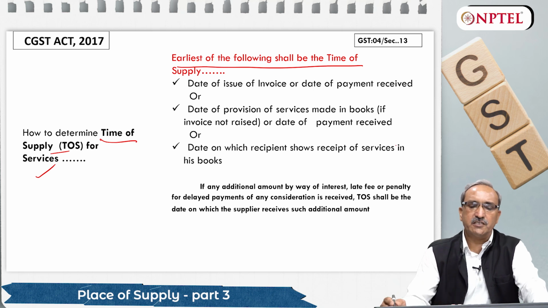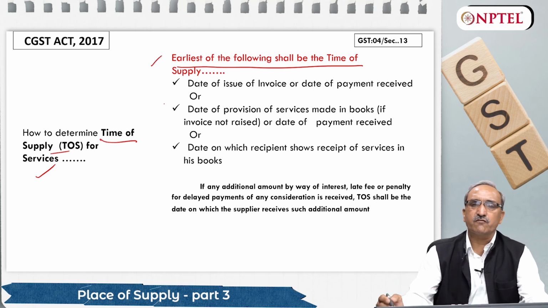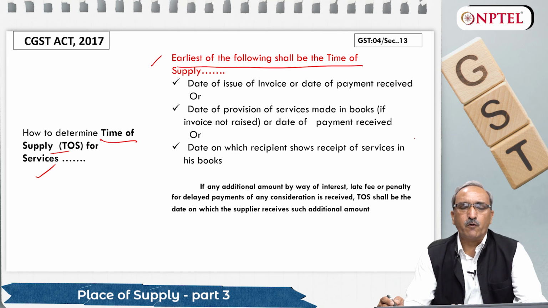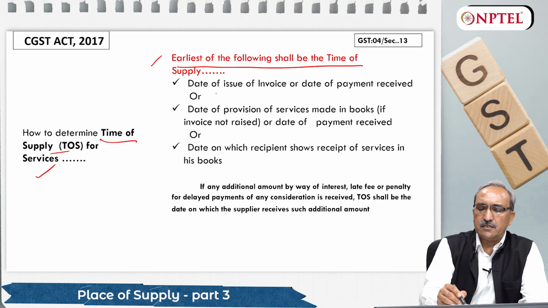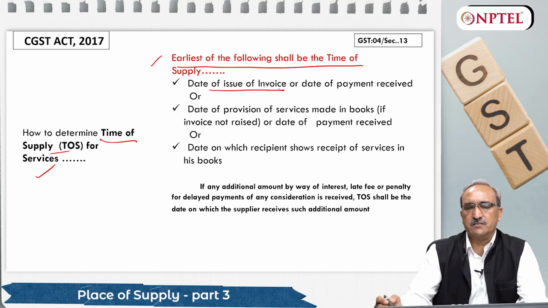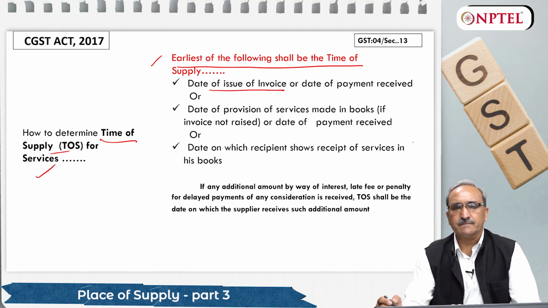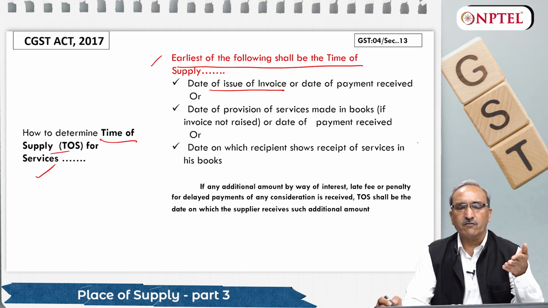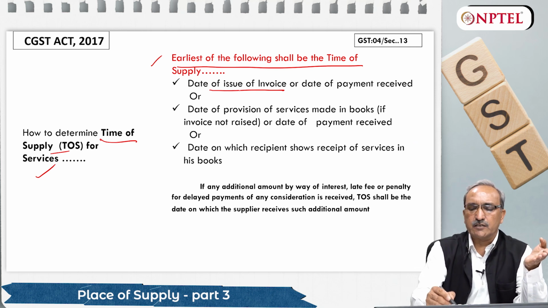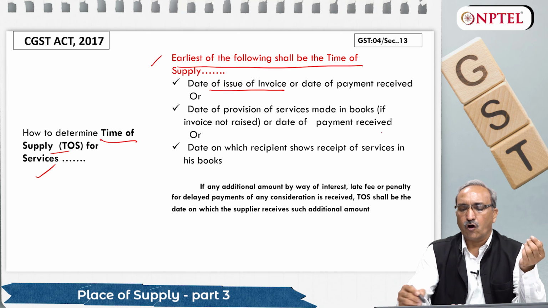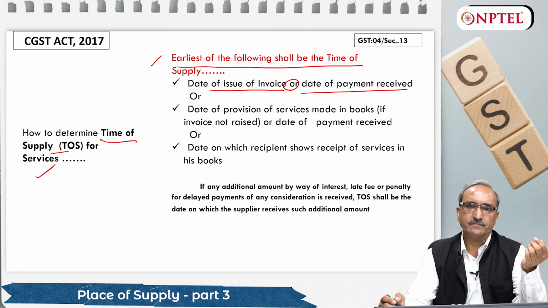Even then, the law says the earliest date of the following shall be the point of supply, and accordingly tax should be paid. And it says: date of issue of invoice. If you have given some service to any person and you have raised the invoice for that, the date of that invoice, or the date of payment received, whichever is earlier of these two.